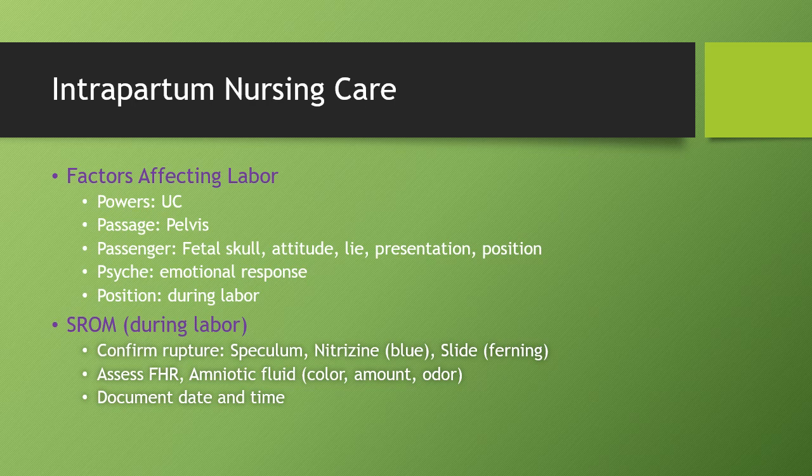Just like with the heart, the contraction of the uterus is referred to as systole, and the relaxation or resting phase is referred to as diastole. During systole, when the myometrium, the muscle of the uterus, is contracted, there is no blood flow to the muscle, which means there's no blood flow to the placenta or the fetus.